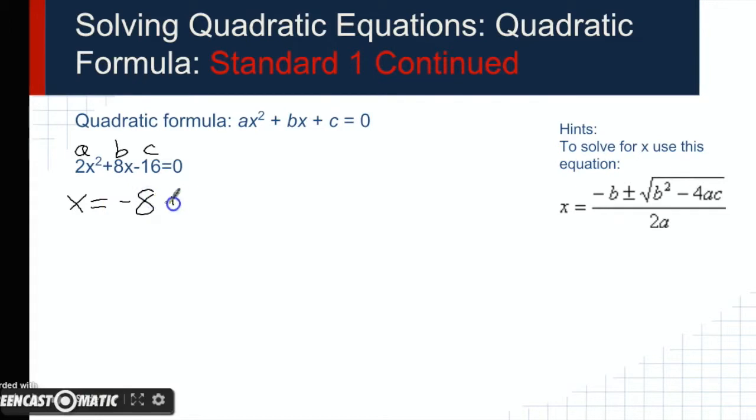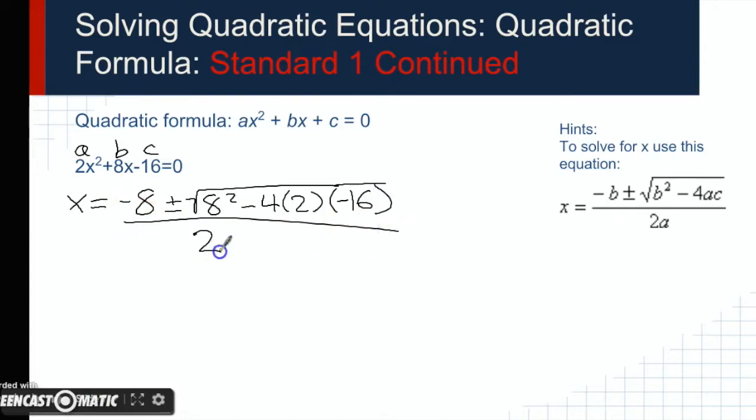negative 8 plus or minus the square root of 8 squared minus 4 times 2 times negative 16, over 2 times your a, which is 2. And it's always easy to put this part into your calculator first so you can simplify and you don't get any weird errors.